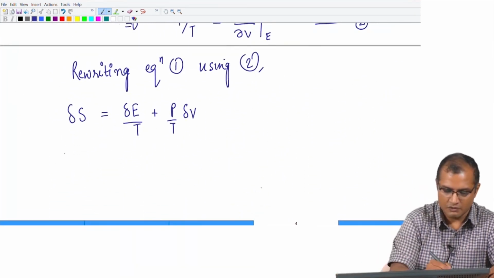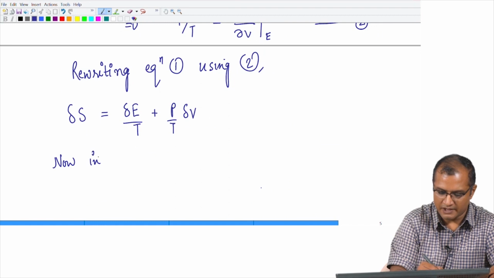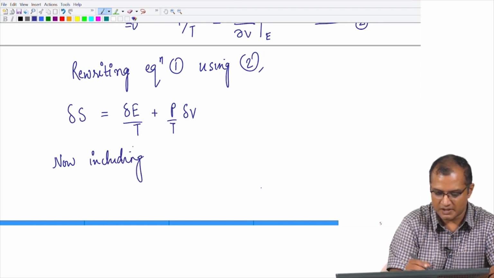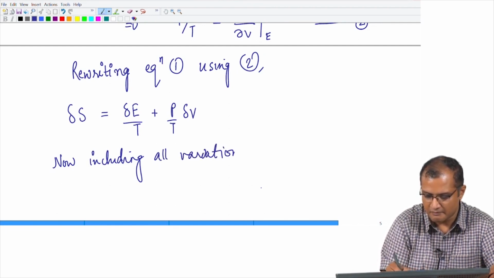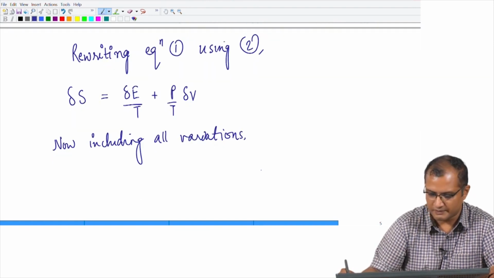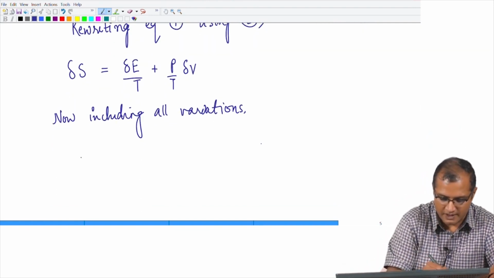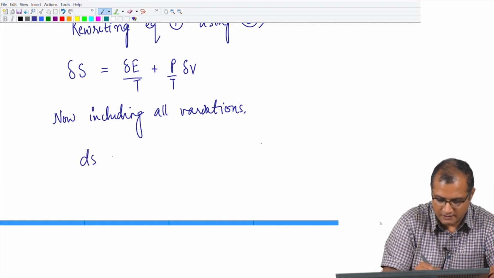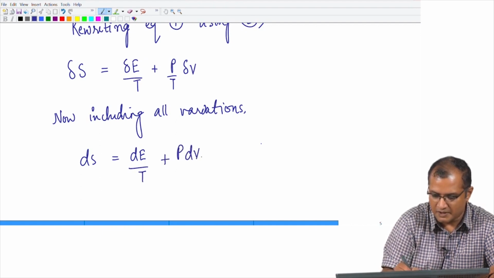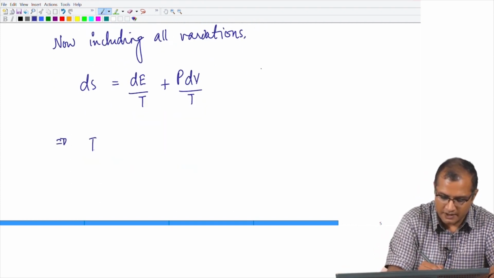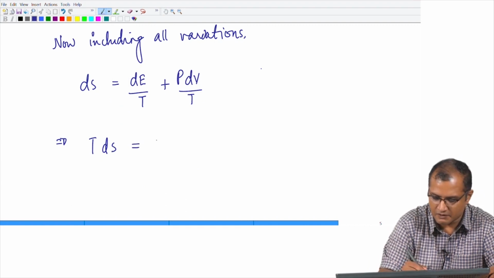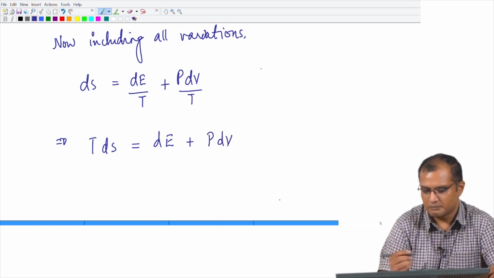Okay. So, now including all variations, which means you are no longer using these infinitesimal derivatives, if you include all variations, I can write this law as dS equals dE over T plus P dV over T. In other words, I can write TdS, which is the heat given to the system, as a change in internal energy plus work done by the system.